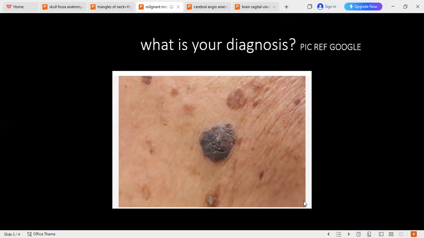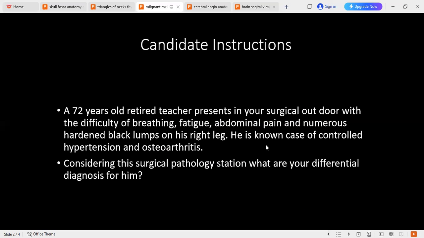Right. If we come back to this stem, you've read it. Where exactly would you examine this patient? Where would be the primary lesion? I will examine the primary site first, the site of melanoma, the lump itself, and the draining lymph nodes. Also, I will examine the brain, abdomen, pelvis and thorax for metastasis.